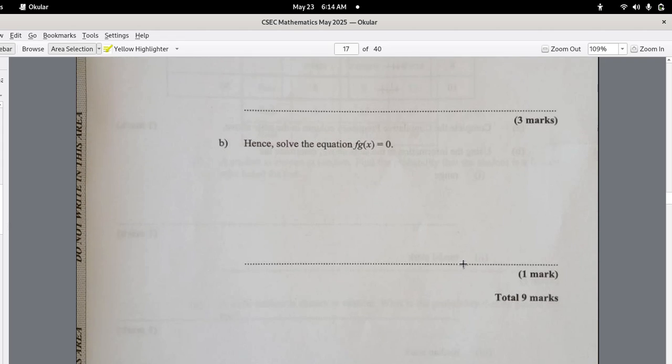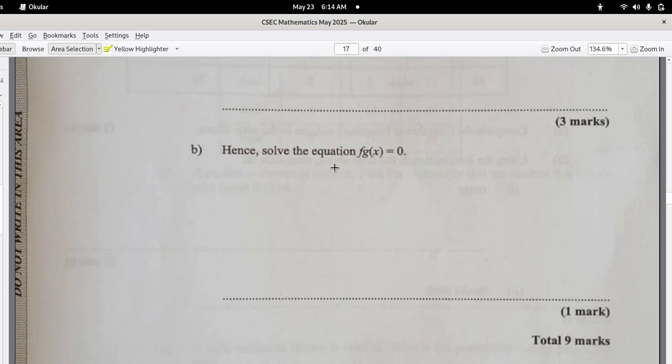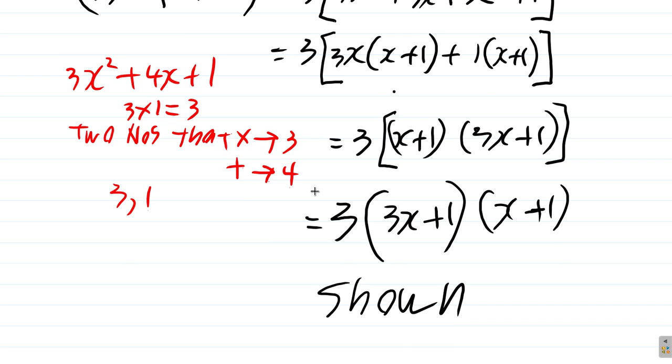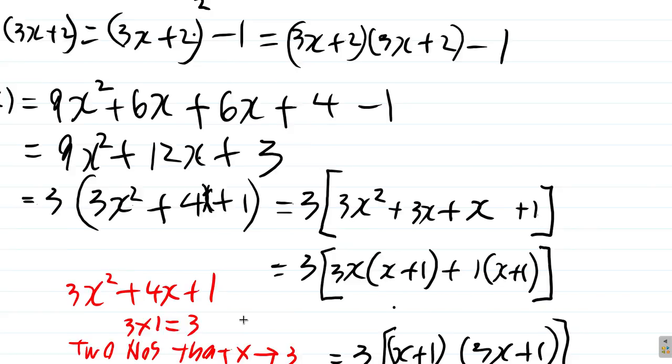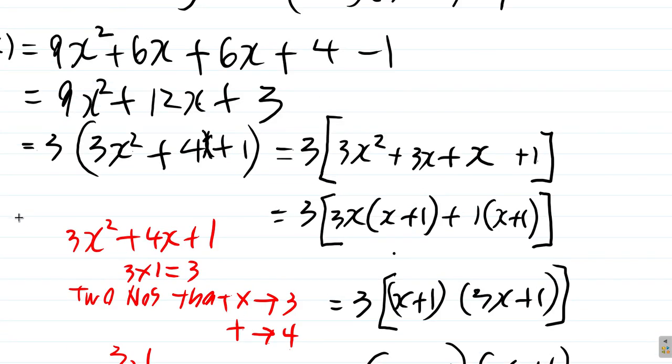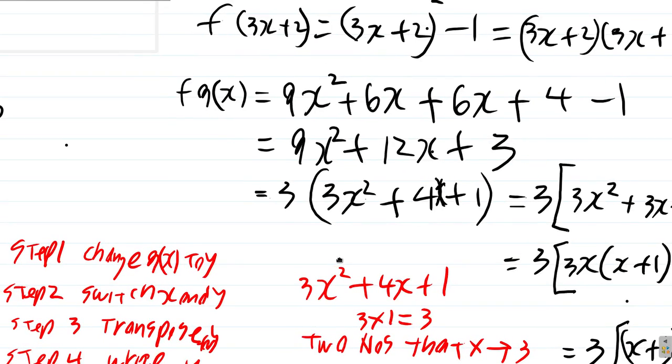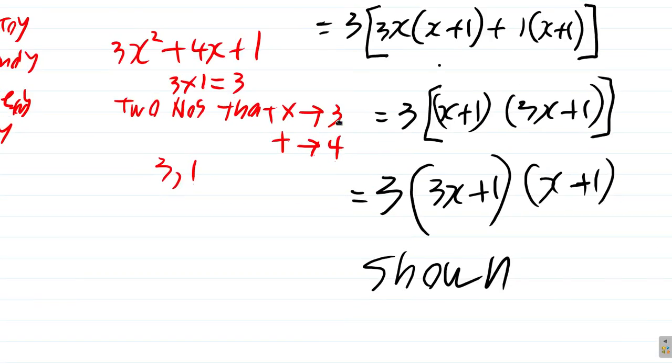Okay, here's one more thing. Hence, solve the equation f of x equals 0, 1 mark. No, fg of x equals 0. Alright, so remember, this is fg of x equal that.